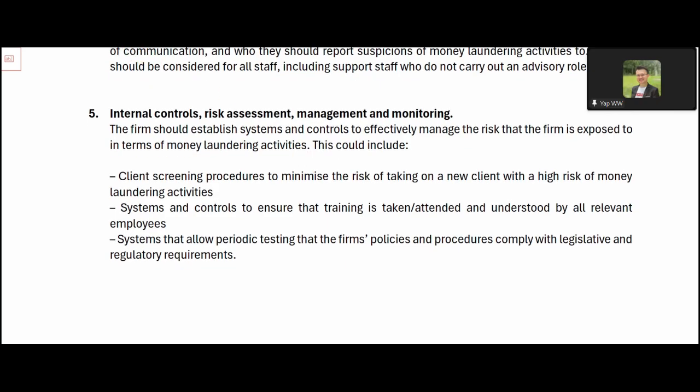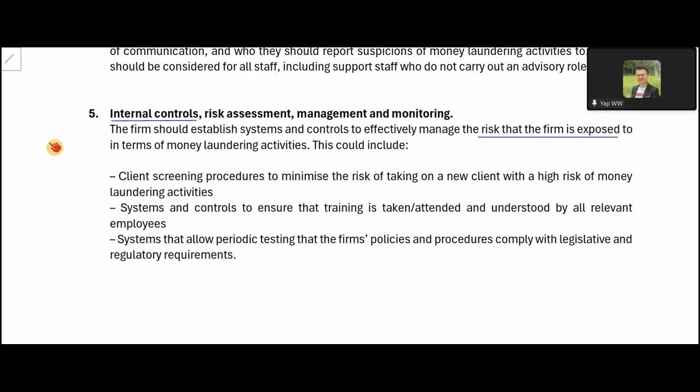Okay. And lastly, internal control of the audit firm so that it reduces the risk that the firm is exposed to money laundering offenses. Now, normally, right, your good system will be 1, 2, 3, 4, and the last one is always to make sure the first four are done effectively. That's number 5.